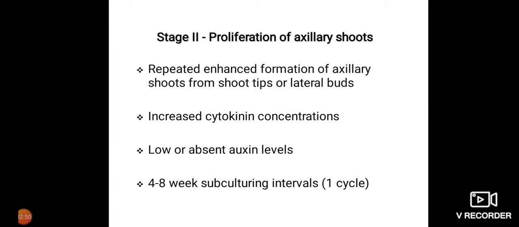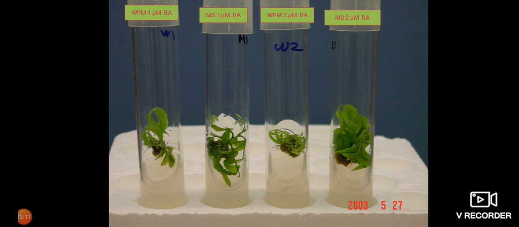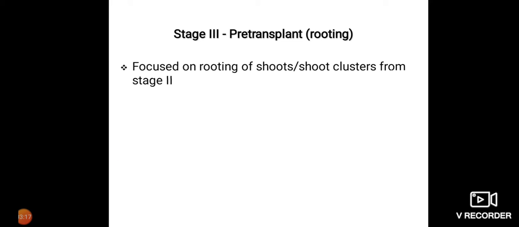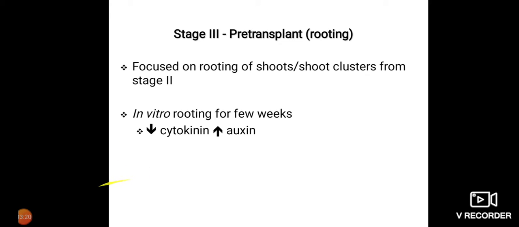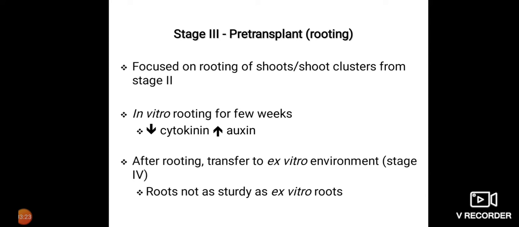Then they give a specific ratio of auxins and cytokinins in order to get root and shoot induction. Increased cytokinin concentrations with a low amount or absence of auxins are given for 4 to 8 week subculture intervals to get shoots. After that, they go for in vitro rooting: decrease the cytokinins and increase the auxins.